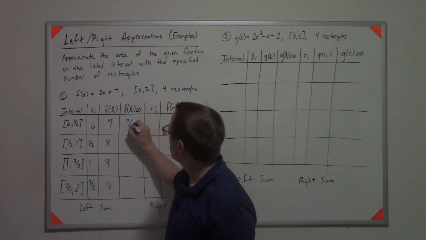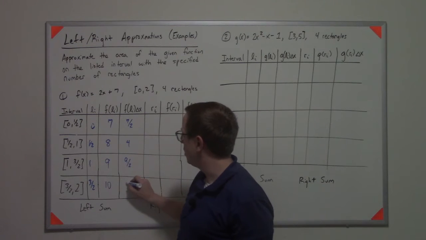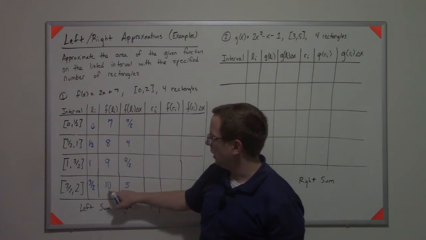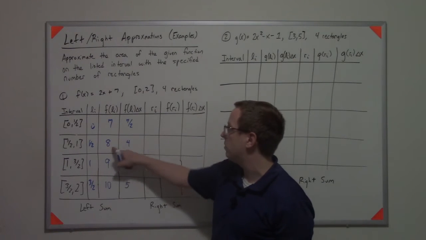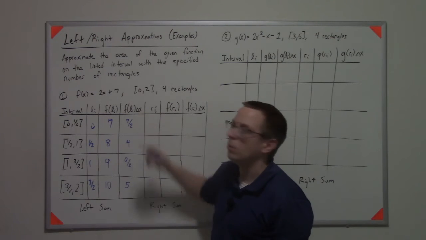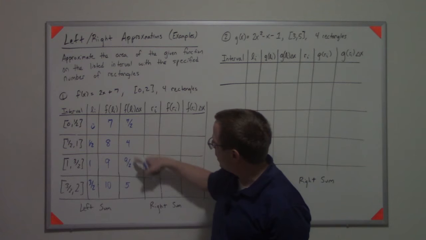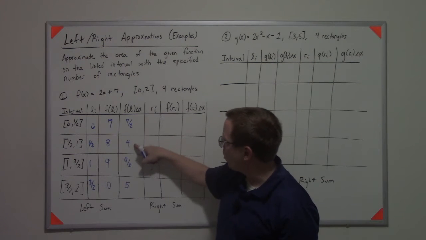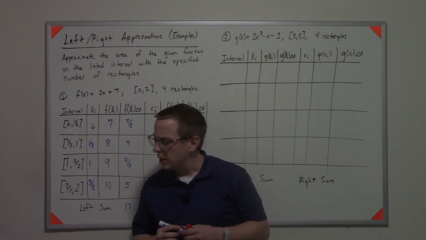This becomes 7/2, 4, 9/2, 5. If we add that together, we get 8, 12, 17. So our left sum is 17.